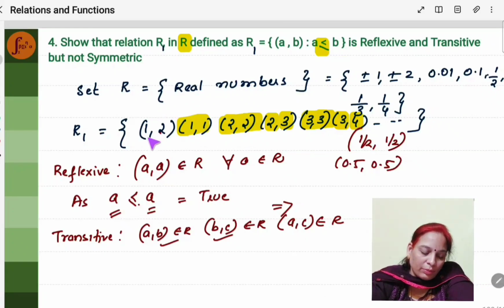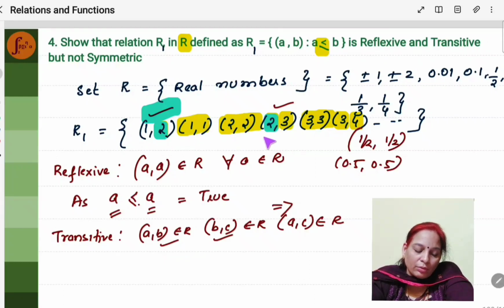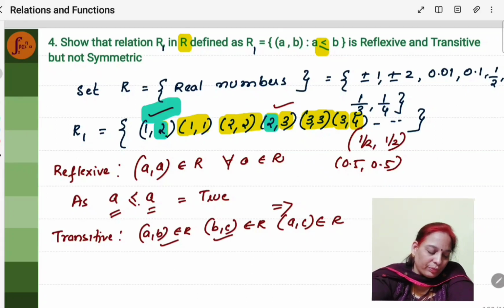Say I take the pair 1 comma 2 and the pair 2 comma 3, where the second element of the first and the first element of the second are the same, 2 and 2. What does this indicate? For transitive, there should be 1 comma 3.